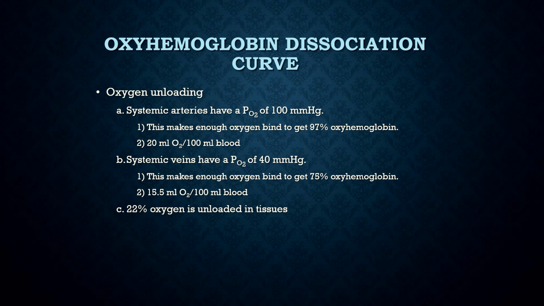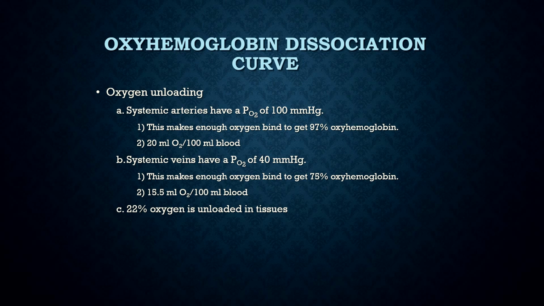So this is termed 97% saturated with oxygen on that oxyhemoglobin, which equates to about 20 milliliters of oxygen per 100 milliliters of blood. So the systemic arteries go to capillaries so that the oxygen goes to the cells for aerobic respiration. That's why we have a high content of oxygen.